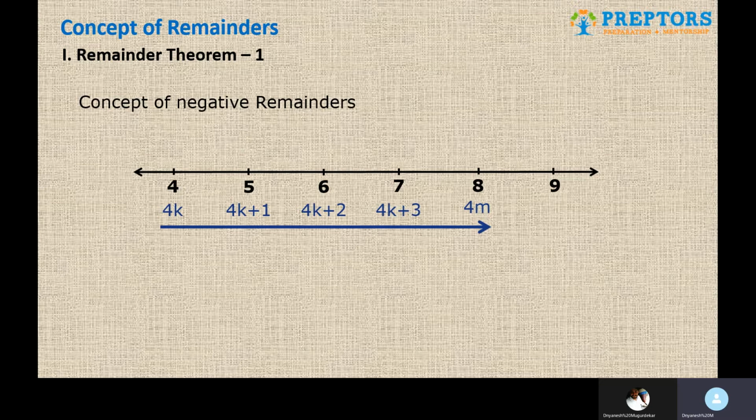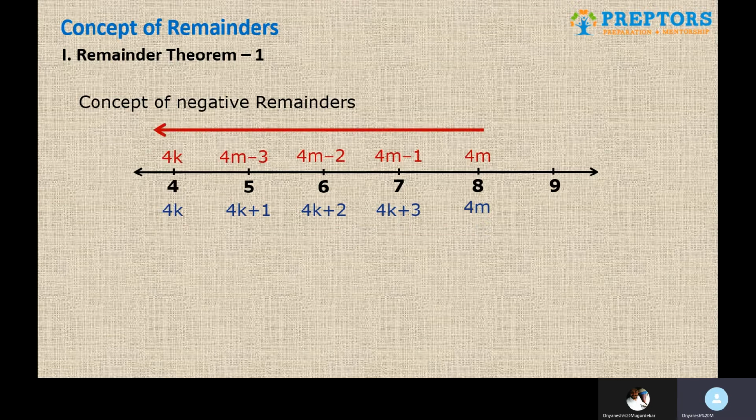And 8 is an altogether different multiple of 4. Going back from right to left, we have 8 as another multiple of 4, which is 4m. 7, if we want to write in terms of 8, we get a multiple of 4 minus 1, that is 4m minus 1. 6 we get as 4m minus 2. 5 we get as 4m minus 3.